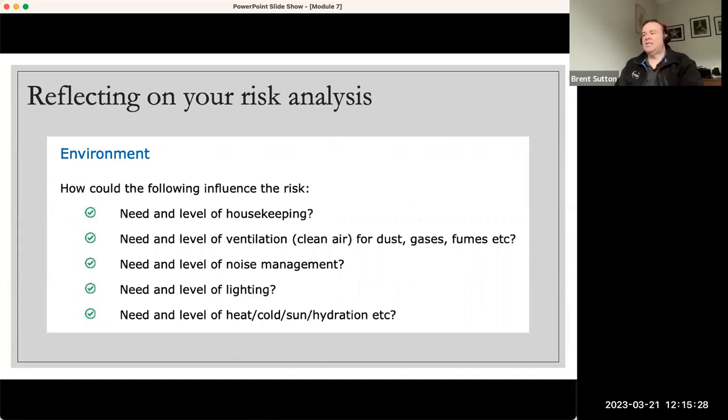With that group, as they've shared how that machine operates, we could ask them or seek clarity with them around the level of housekeeping, the level around ventilation, noise, lighting, heat, cold, sun, or hydration. If you only ask these questions at the beginning of it, you're going to only get people to focus on those specific things. The whole idea of brainstorming is that we want people to go wide and deep.